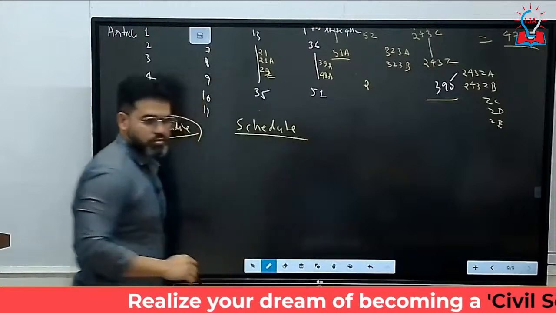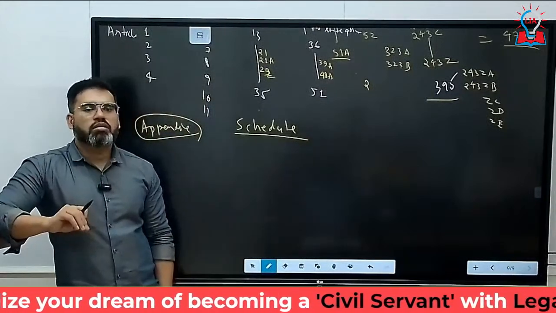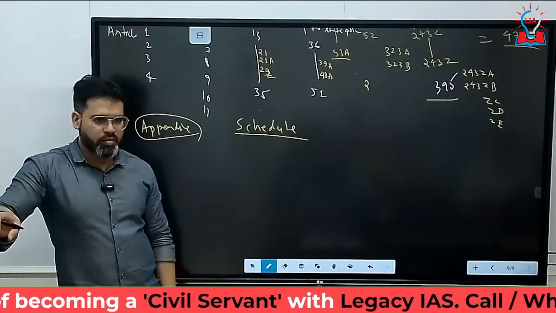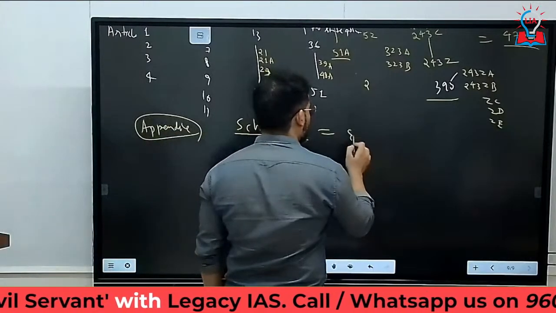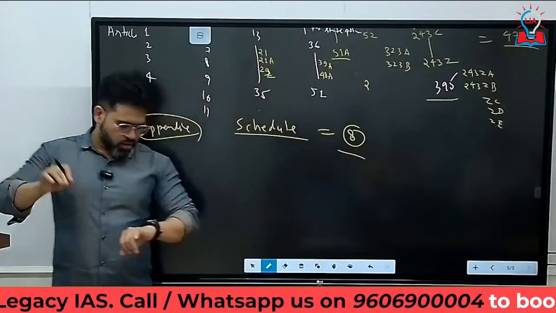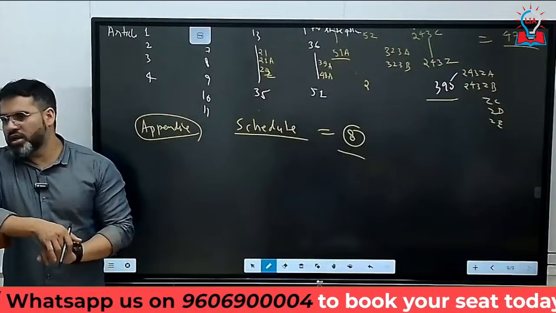That is called a schedule. So in the constitution, at the last we have added the schedules. Correct? In the original constitution, we were having a total of 8 schedules.